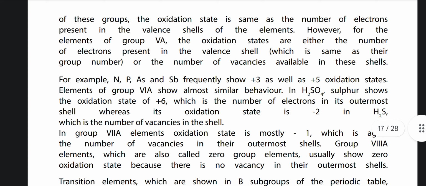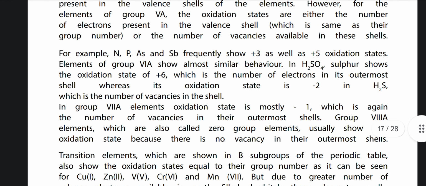However, for the elements of group 5A, the oxidation states are neither the number of electrons present in the valence shell, which is the same as the group number, nor the number of vacancies available in these shells. For example, nitrogen, phosphorus, arsenic and Sb frequently show +3 as well as +5 oxidation states.